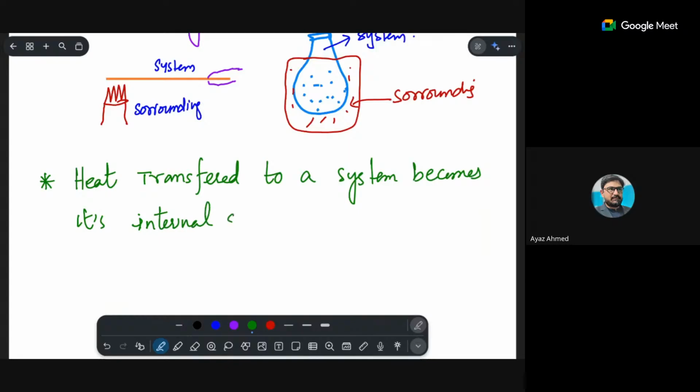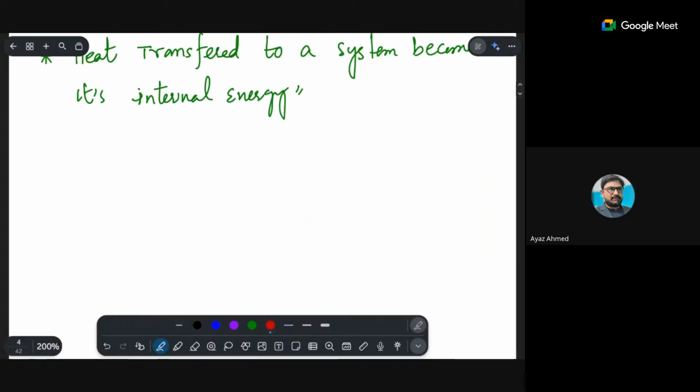So when it becomes its internal energy, you can simply say that this internal energy will affect two things. What? The kinetic energy of the molecules, I mean molecular kinetic energy. And what about the second? Yes, the molecular potential energy.